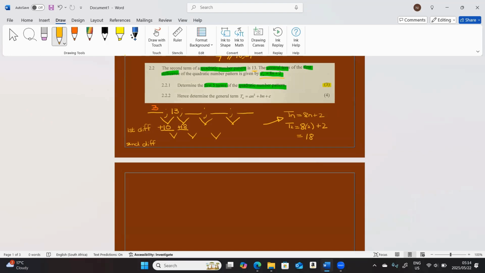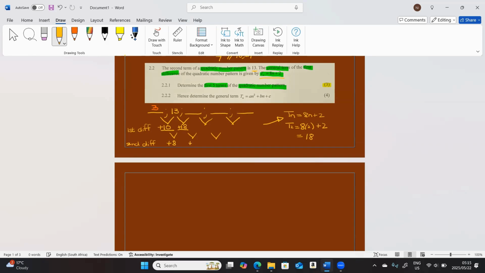And then we also know that our second difference is a constant difference. So the difference between 10 and 18 is plus 8. So we add 8 the whole time to our linear or arithmetic pattern.